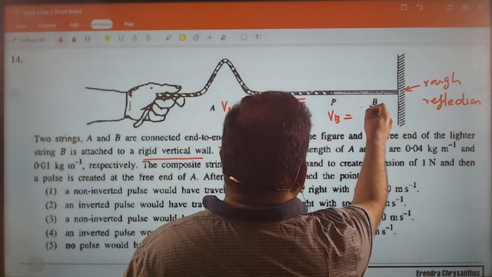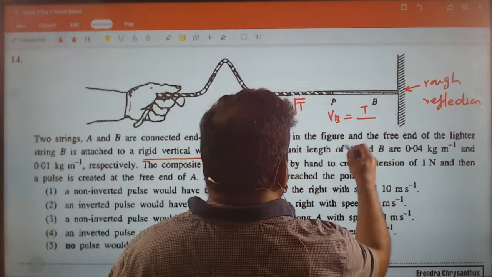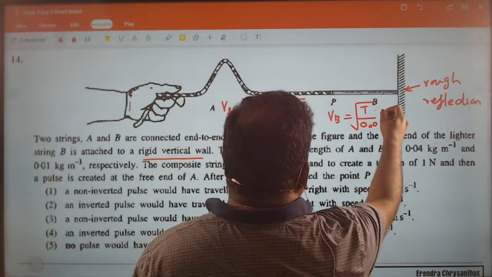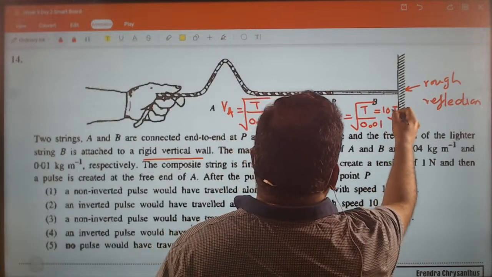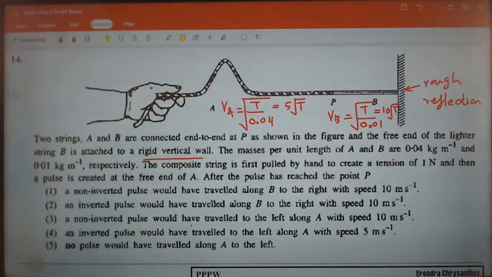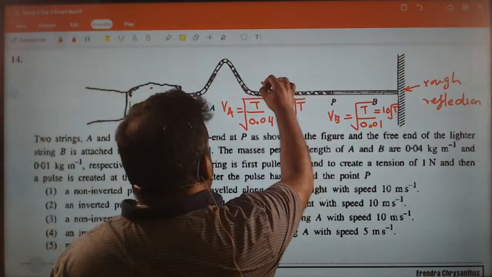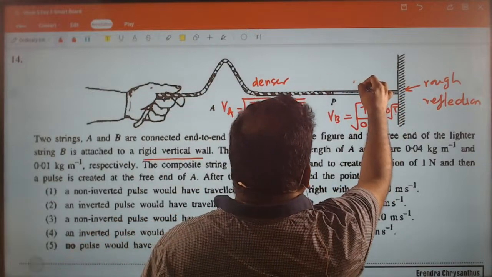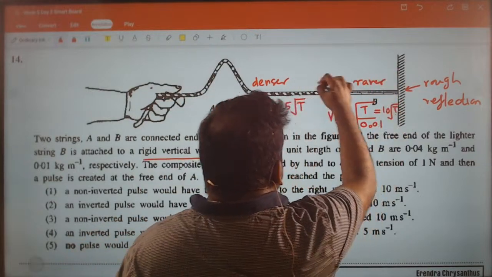Same tension, T divided by mass per length 0.01, 100, square root is 10 root T. So velocity here is faster and velocity at A is slower. Slower means denser region, faster means rarer region. Denser to rarer.